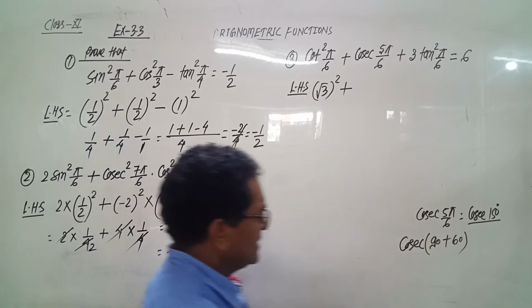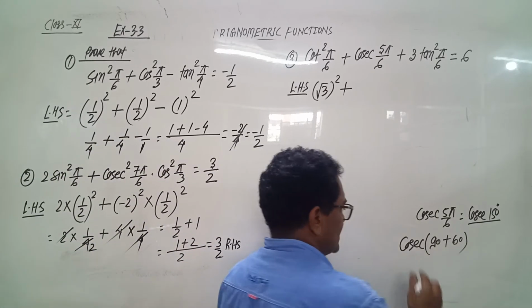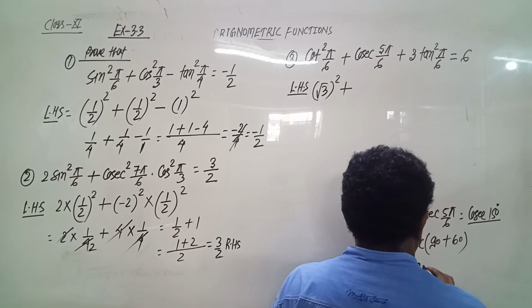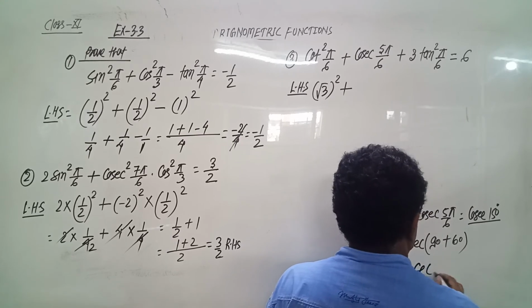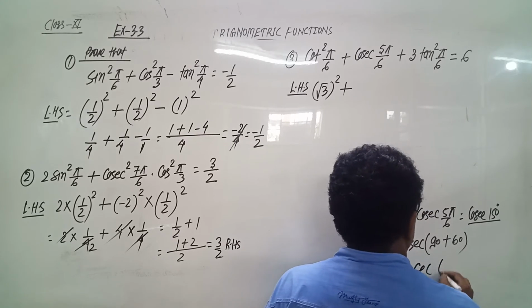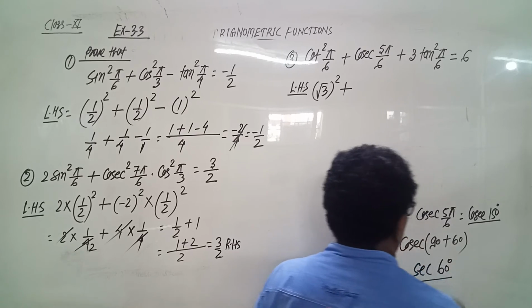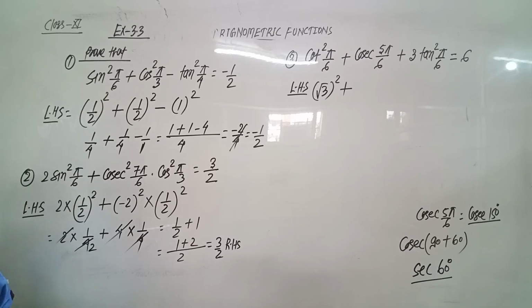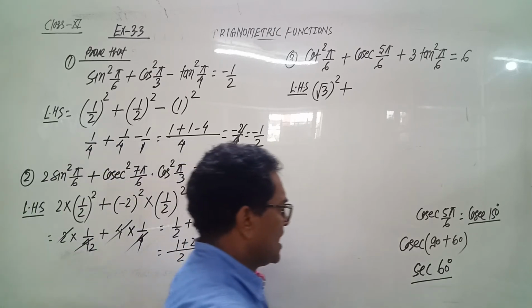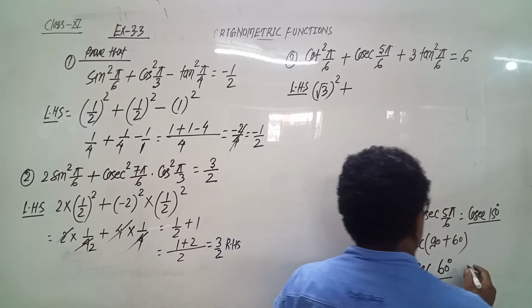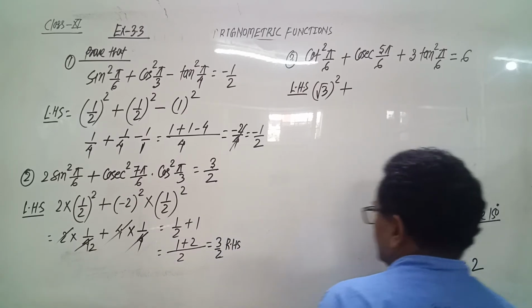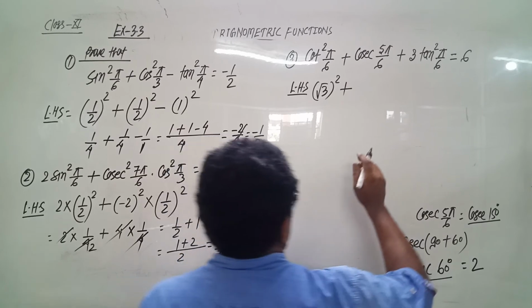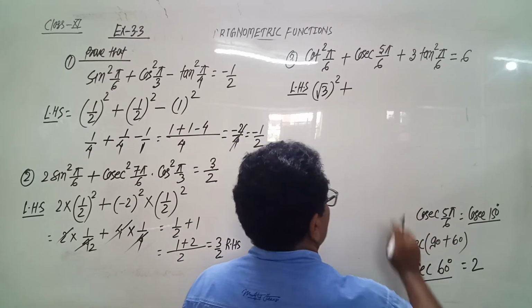And there is a change, so cosec 90 plus theta is written as sec theta. So it becomes sec 60 degree. The value of cos 60 is 1 by 2, so sec 60 is 2. So cosec 5 pi by 6 is 2.